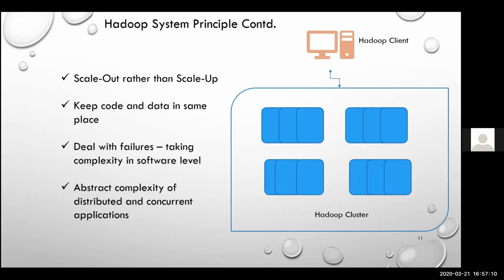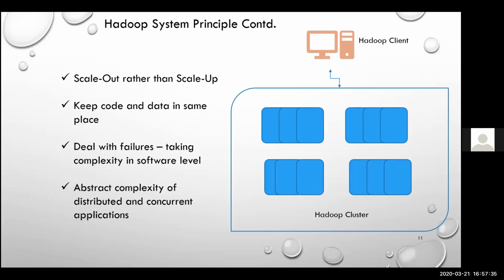We cannot keep all the data in one place. So we need to keep data and code in the same place, and make sure a computing platform can compute some logic on some data, and someone will be there working as a master to accumulate all the results and give them to the users.